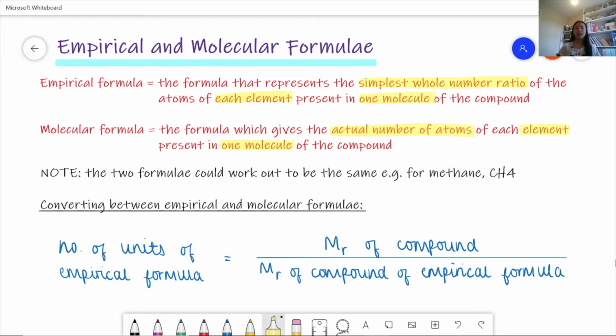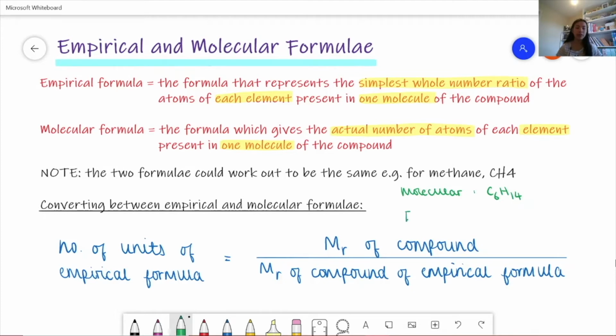However, if we look at something like hexane, so that's C6H14, if we have C6H14 as molecular formula, we can actually find a smaller whole number ratio.